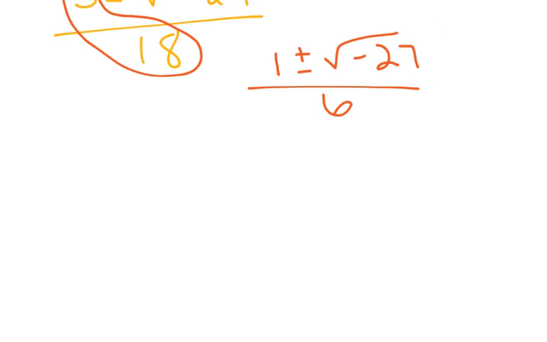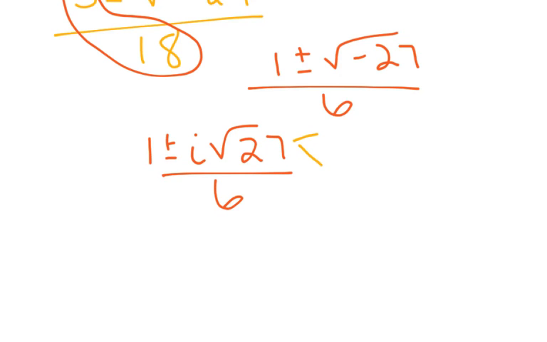So we have 1 plus or minus i root 27 all over 6. And my 27 can factor. That's 9 and 3. Here is your perfect square, which can be taken out.